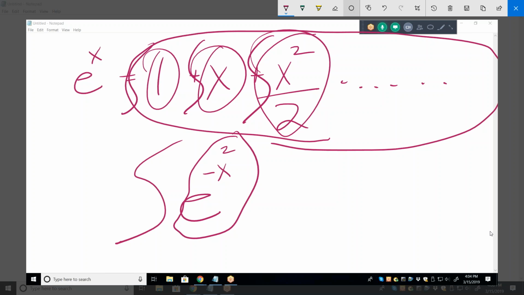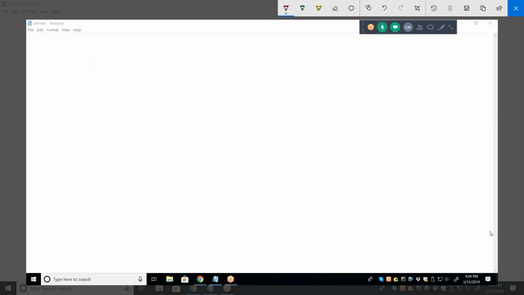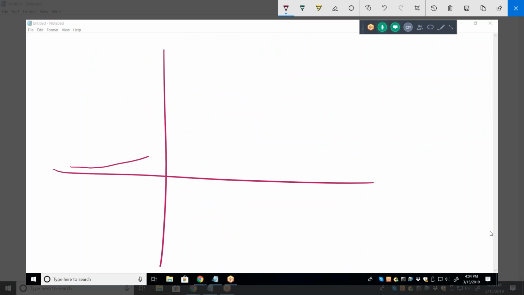Now, let's talk about exactly what they're doing. There's e to the x. I know it goes through this point right here, 0, 1. If I want a linear approximation to that, that wouldn't be bad, right?